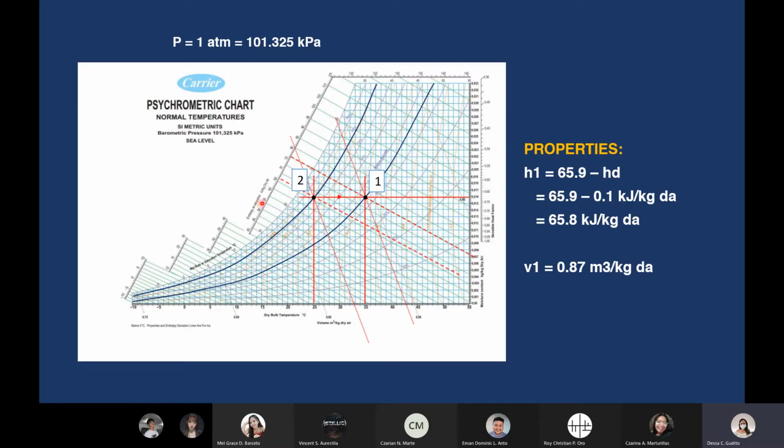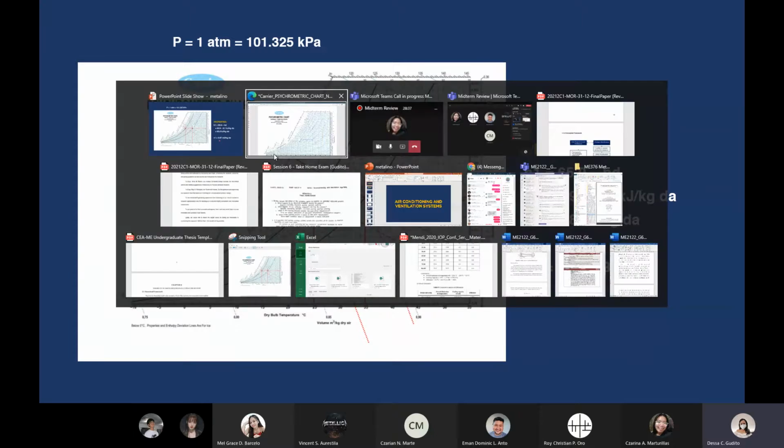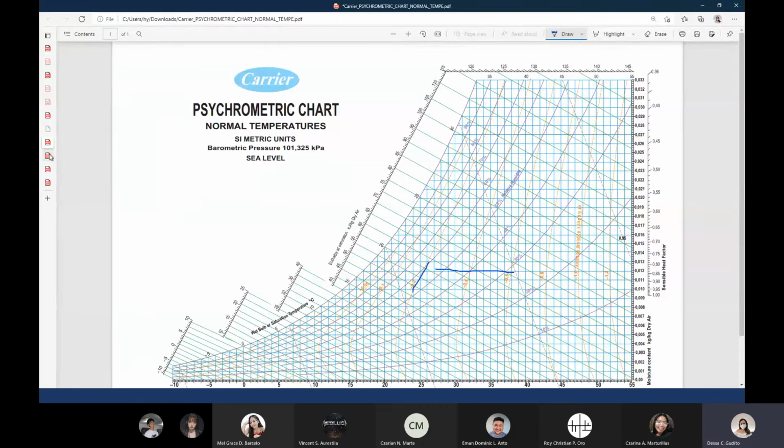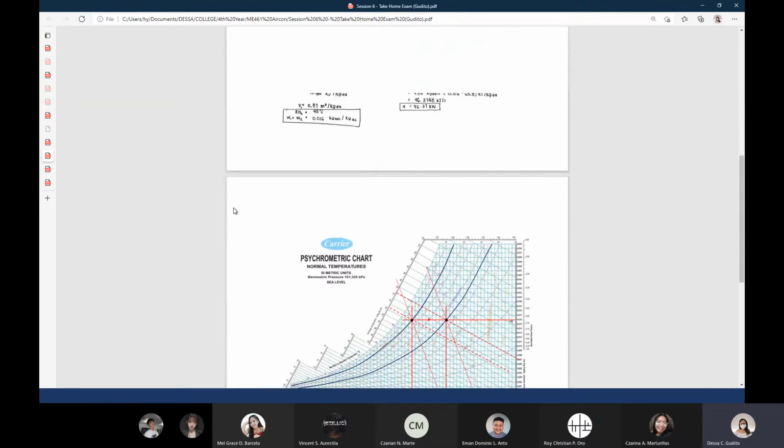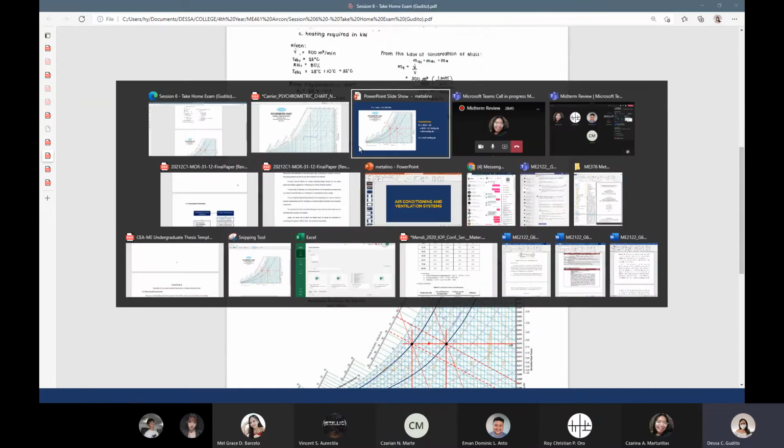And then since we also need the mass of dry air again to get the heating required, the value of the heat required, we also need to get the specific volume. So again, specific volume at point 1, I think this is still wrong, sorry. So specific volume at point 1 is 0.87.